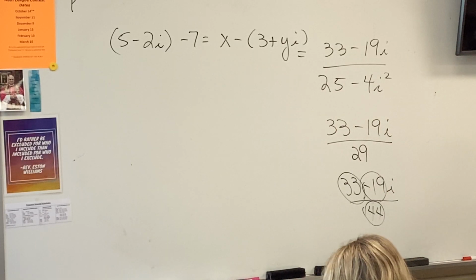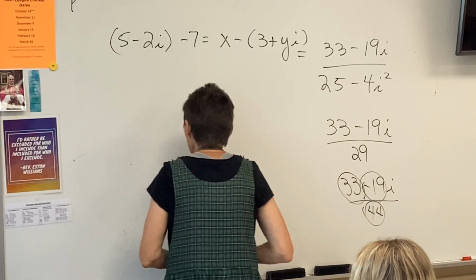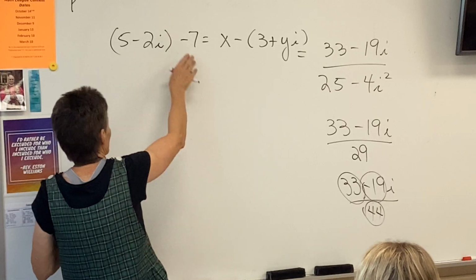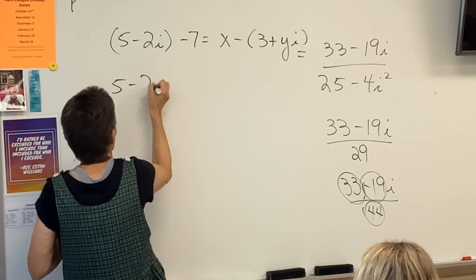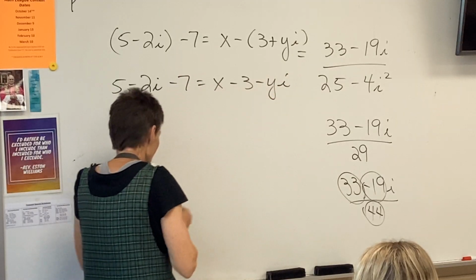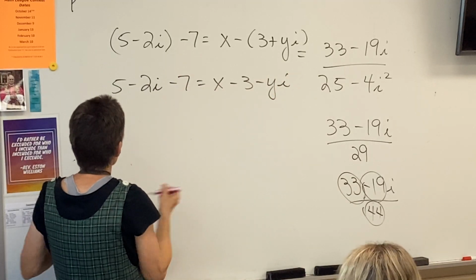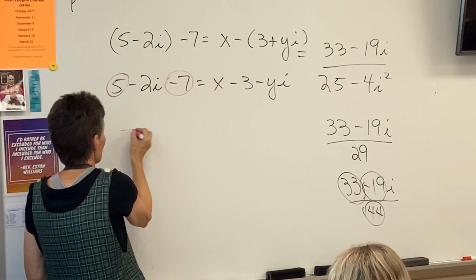These are two complex numbers and they're said equal. So what did we say yesterday? If two complex numbers are equal, then what? Their real parts have to be equal and their imaginary parts have to be equal. So what are the real things on this side of the equation? I'm going to go ahead and distribute there. So the real parts over here are 5 minus 7, so -2.